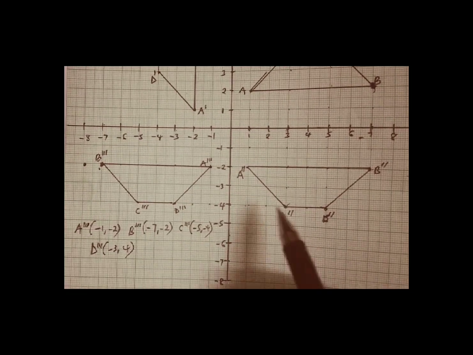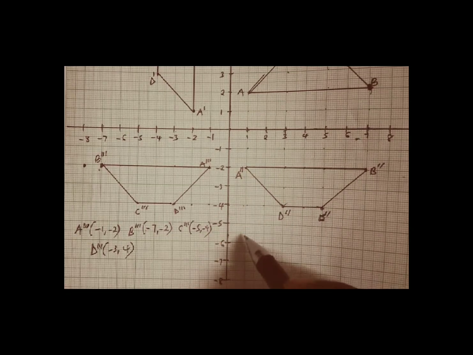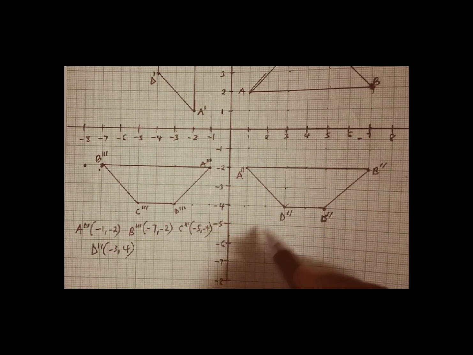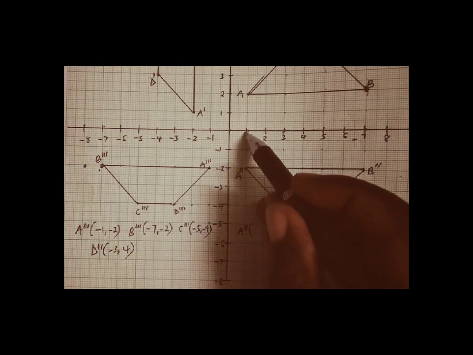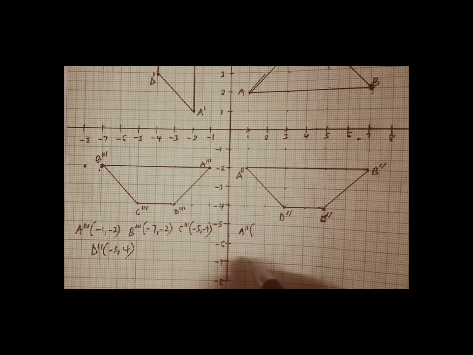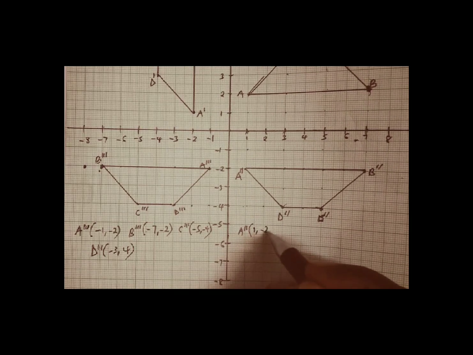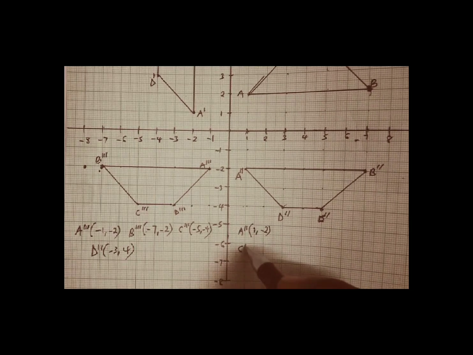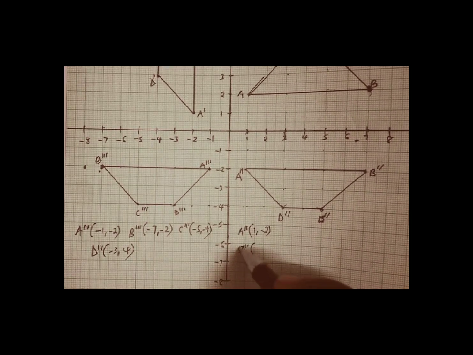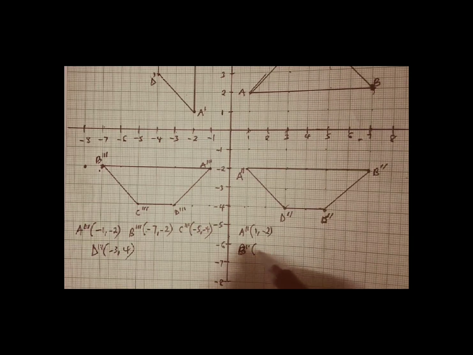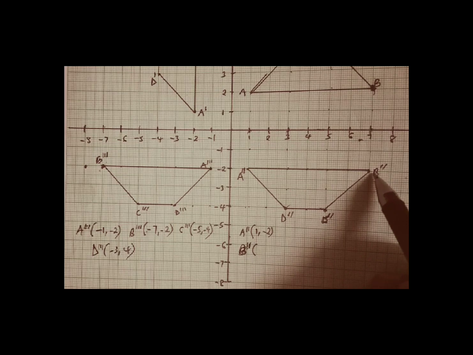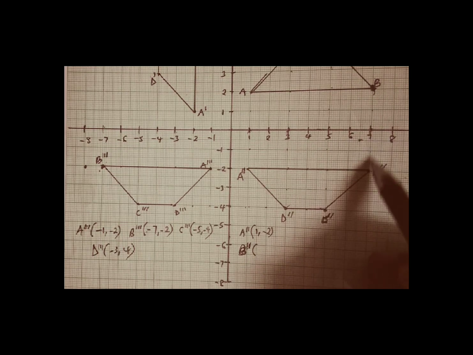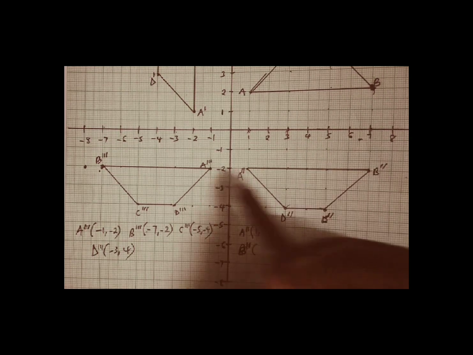I remember we were also supposed to state the coordinates of A, B, C, D double prime. So A double prime is going to be +1, -2. Then B double prime is going to be +7, -2.